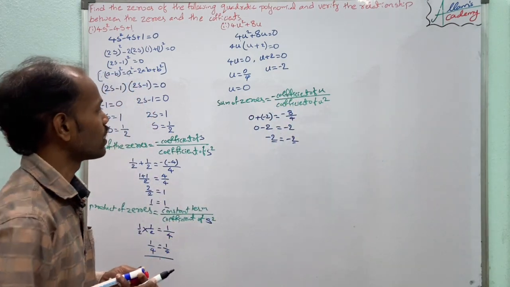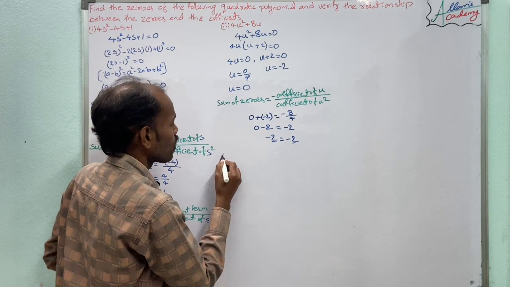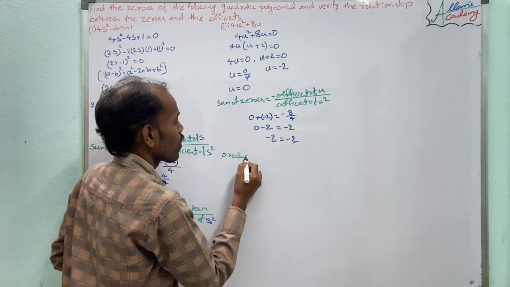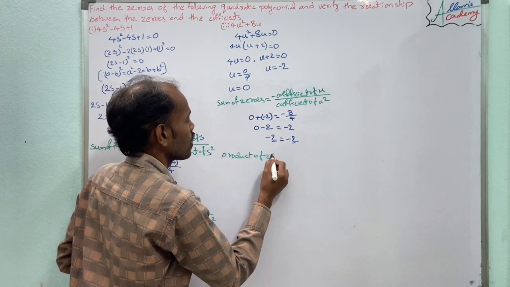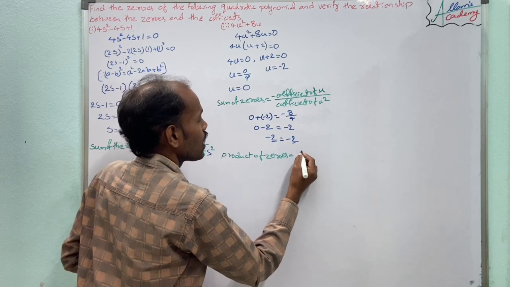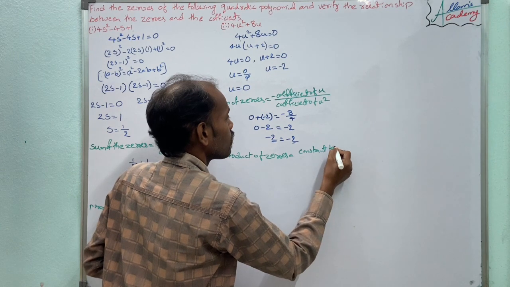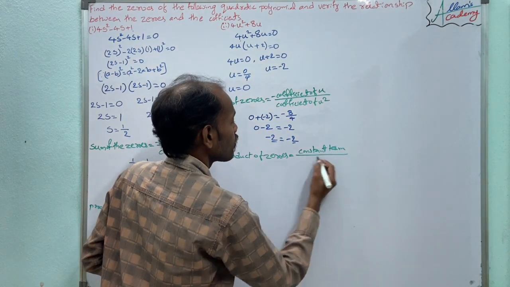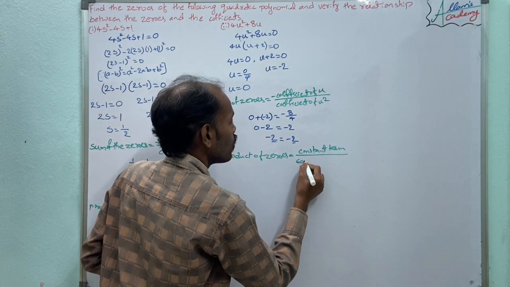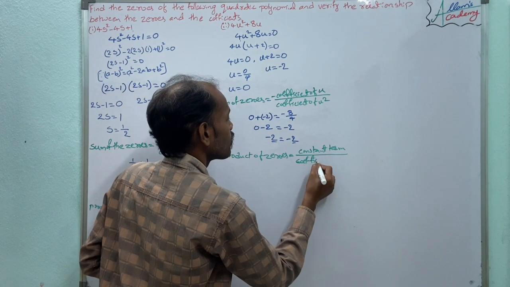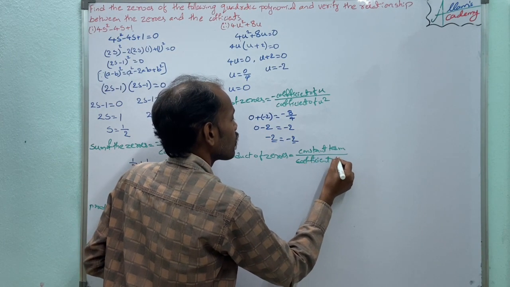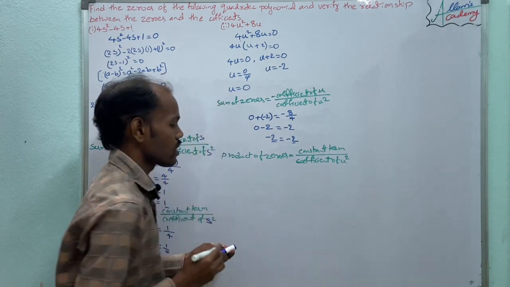Next we find the product. So product of zeros equal to constant term by coefficient of u square.